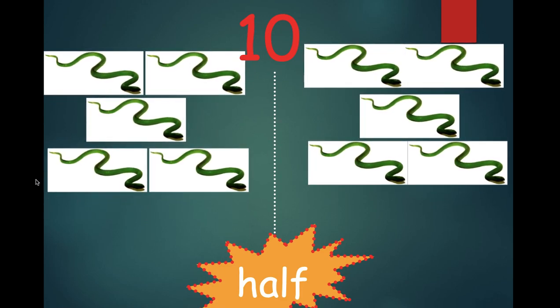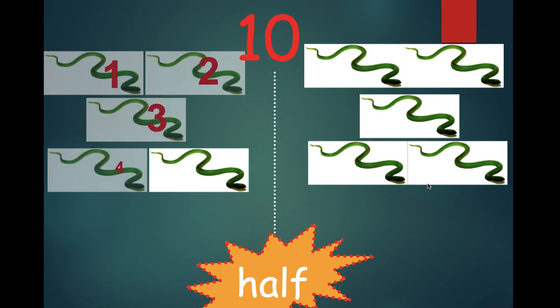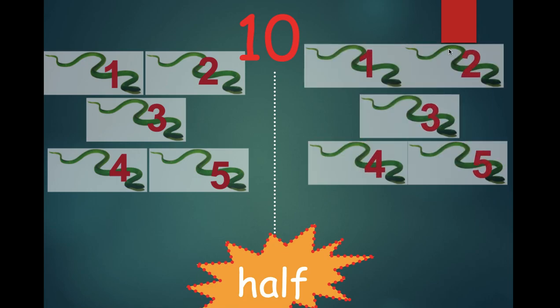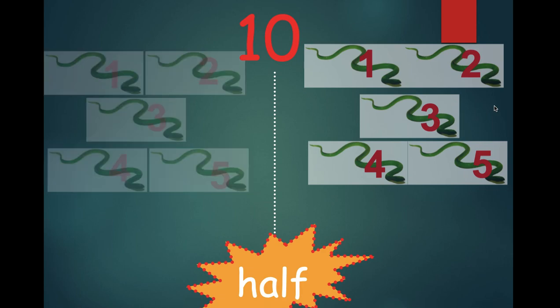So I have divided a few snakes here and a few snakes here. They are equally divided. Let's count how many they are. One side I have 5 snakes. Another side I have 5 snakes. So this is the half of 10. We had 10 snakes and this is the half side of 10.